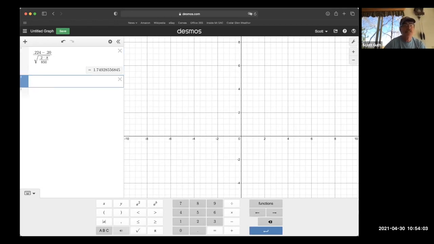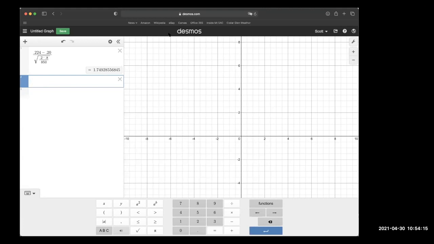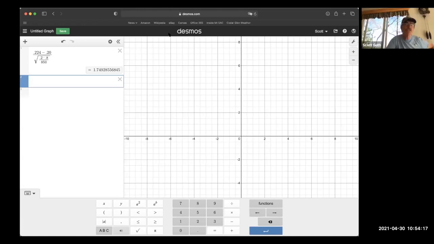Does that look like what you guys got? I got 1.75-ish. That sound right, you guys? Are you able to do that? Yes. That's what I got. Okay, fantastic. So make sure you can do this computation. I don't think there's much out there that's easier than Desmos for doing computations like that. So if that's your tool, then make sure you practice with it.